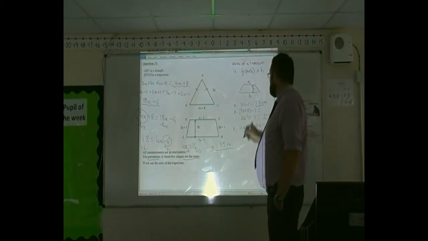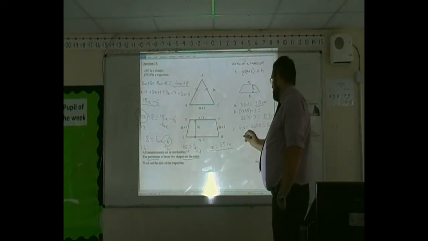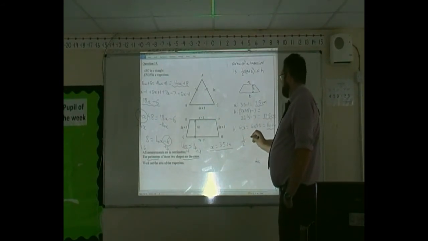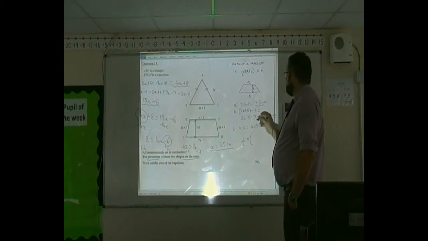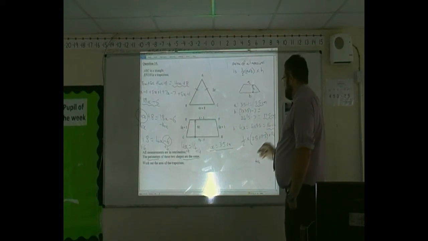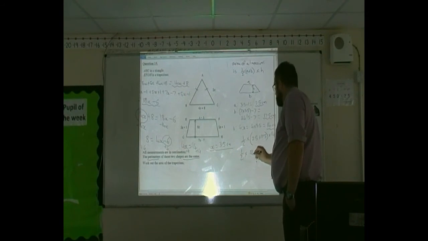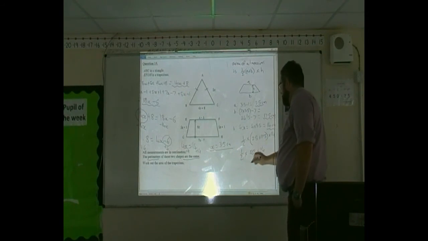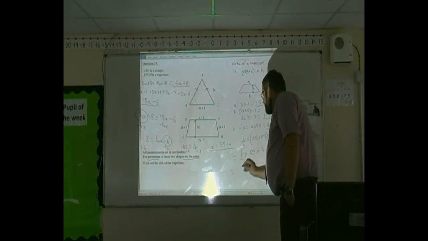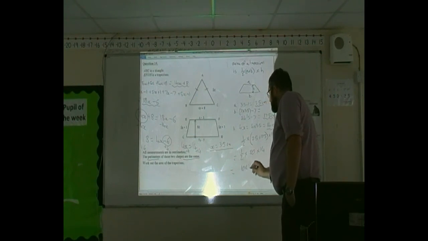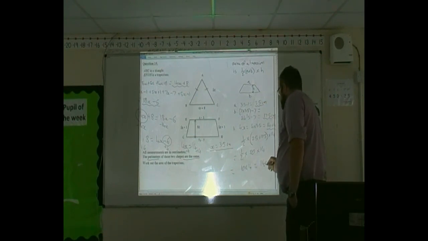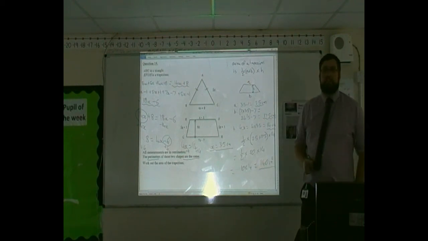So finally, if I plug those numbers into this formula, we do 1/2 times by 2.5 plus 17.5 times by 14, which is 1/2 times by 20 times by 14, which is 10 times by 14, which gives us 140 centimetres squared for the area of that trapezium.